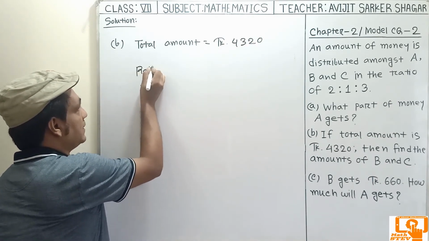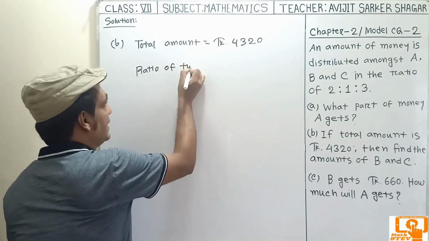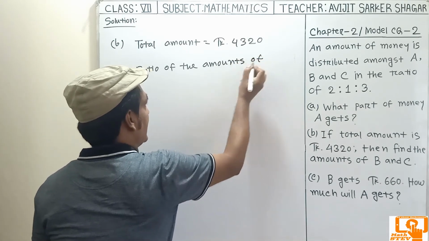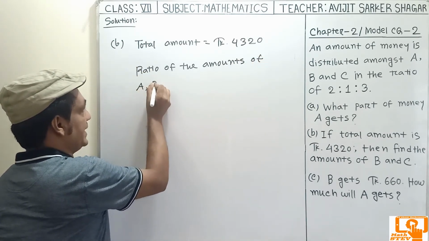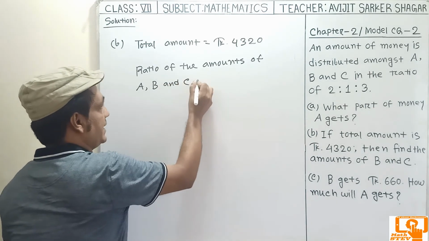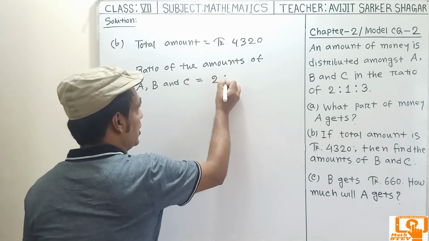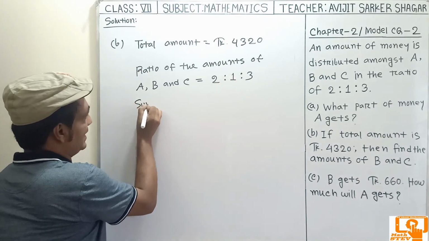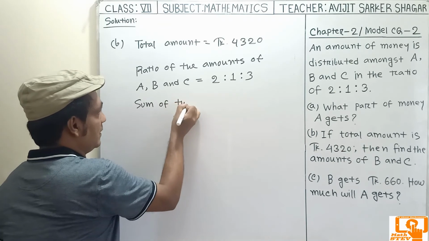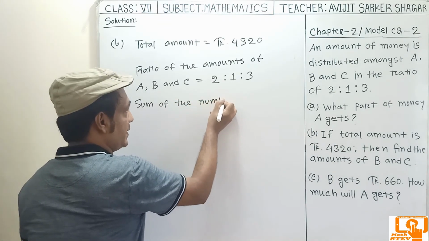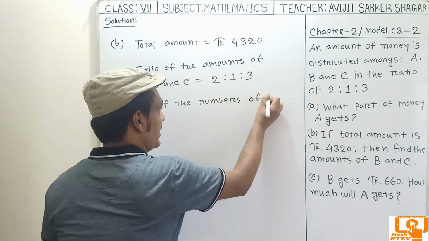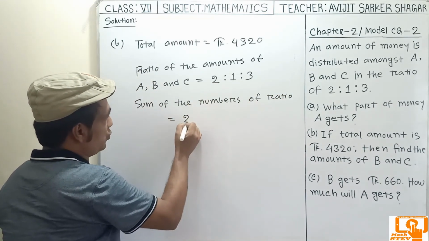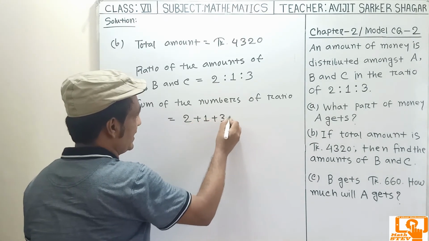The ratio of the amounts of A, B and C is 2:1:3. Sum of the numbers of the ratio: what is it? 2 plus 1 plus 3 equals 6.